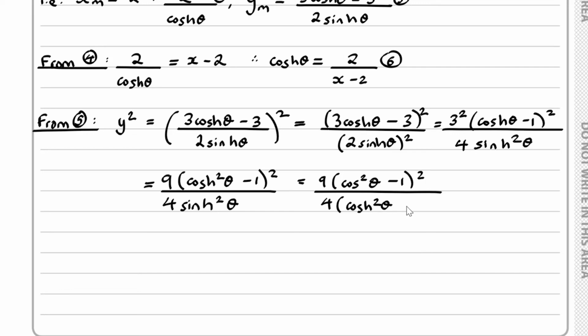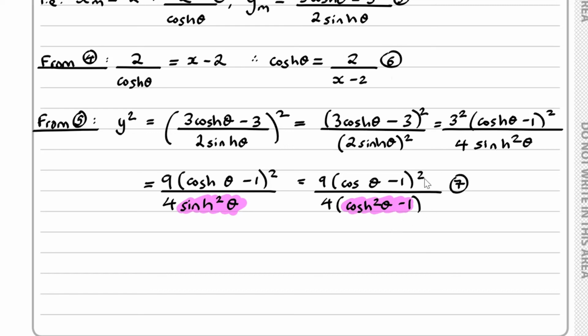Sorry, I've done something wrong here. We don't have a squared here, that was my mistake. So on the bottom we have this. Yes, that's correct. All I've done is replace sine squared theta with 1 minus cos squared theta. They're exactly the same. We'll call this equation 7.